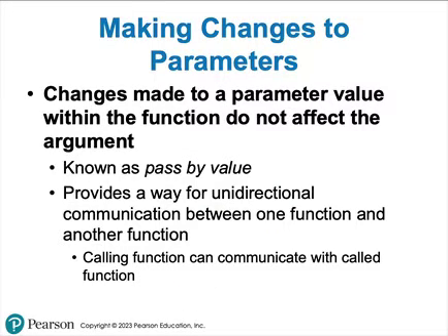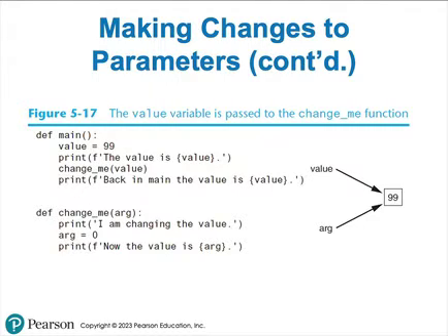So now we're going to talk about what happens if you make a change to the parameters. What happens is, as I said, they're going to switch from pass by reference to pass by value, so that you don't alter the value in the main program.